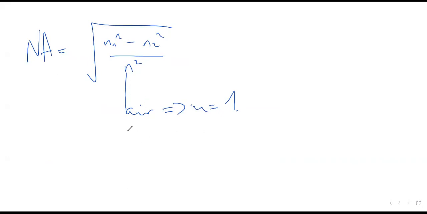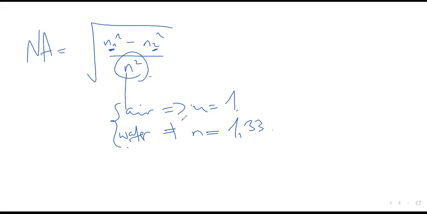We have air, and we also have water, n equals 1.33. N1 is the refractive index of the core, n2 the refractive index of the cladding. N can differ depending on the material at the boundary with the core. It can be air, water, wood, I don't know. But definitely you need to know these two, air and water.